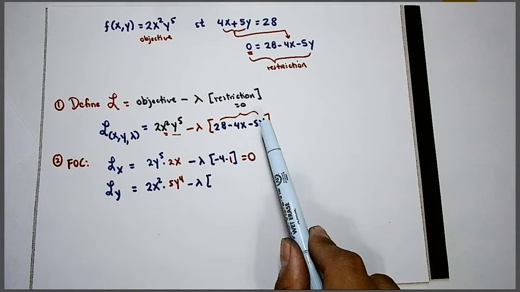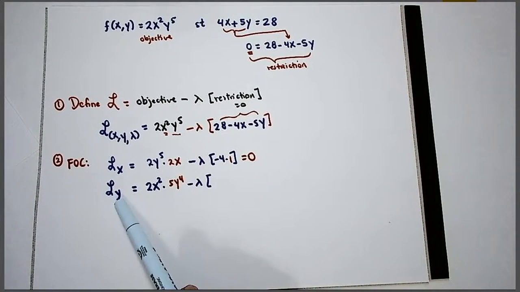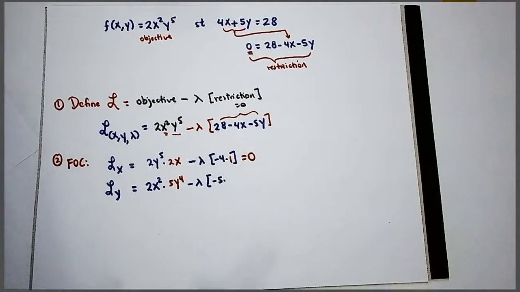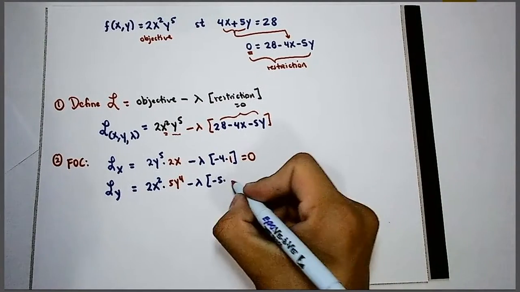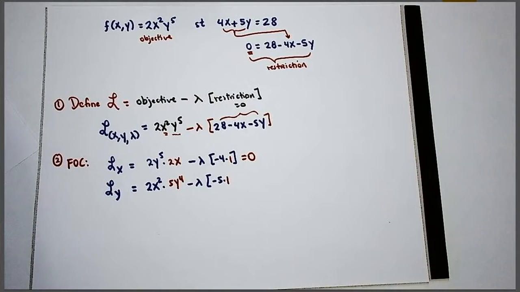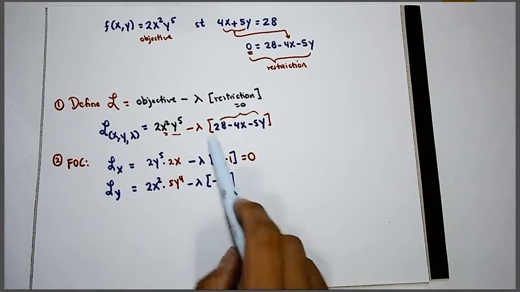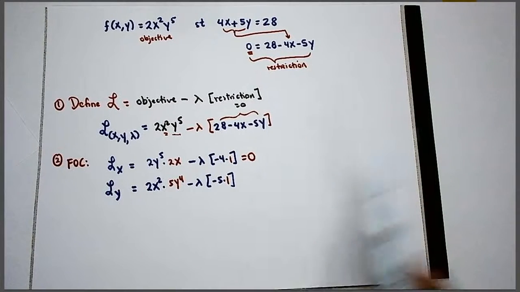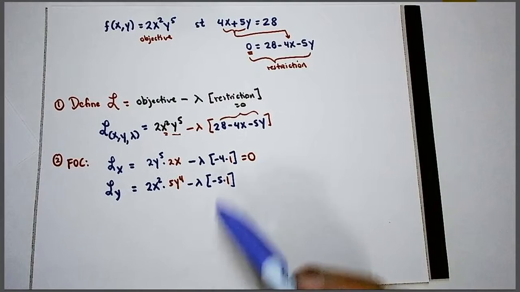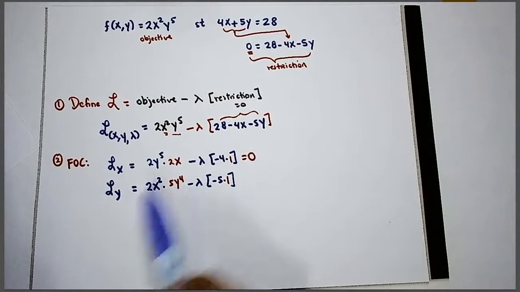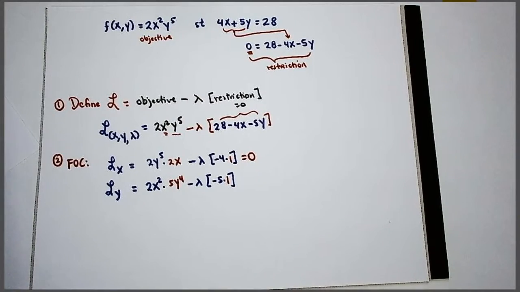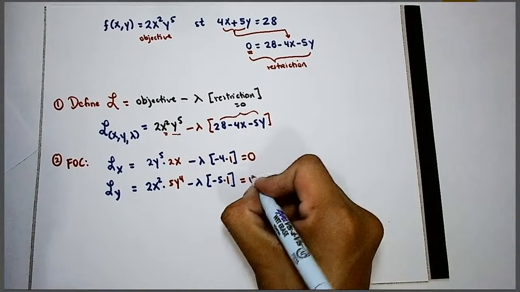And the derivative of minus 5y with respect to y is simply minus 5 times 1. And the reason why I can do that is because the lambda is multiplying, so it really doesn't make any difference, because the variables that we are taking the derivative of are actually inside the parentheses. And then this we set also equal to 0.